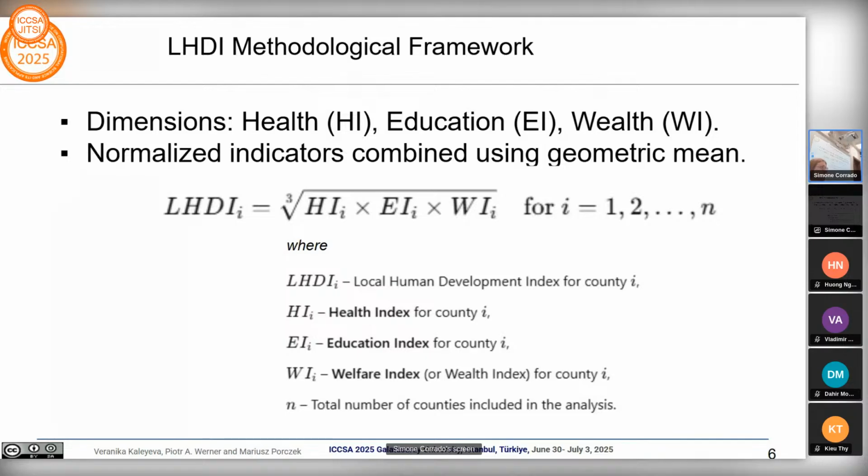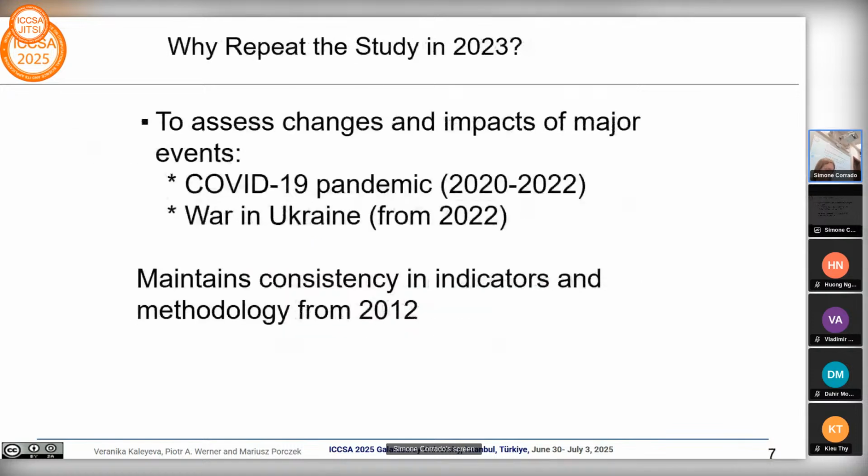The difference in index construction compared to the country-level HDI is that each sub-index in the local Human Development Index in Poland is also a composite metric based on a set of indicators, making the calculations much more complex compared with the Human Development Index that we are used to seeing.